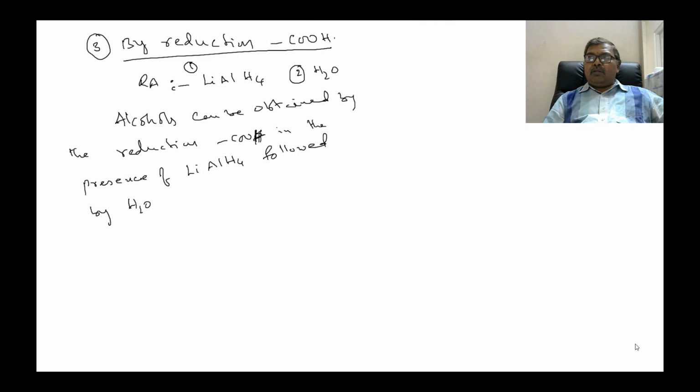Clear? Remember, not only reduction, plus hydrolysis.